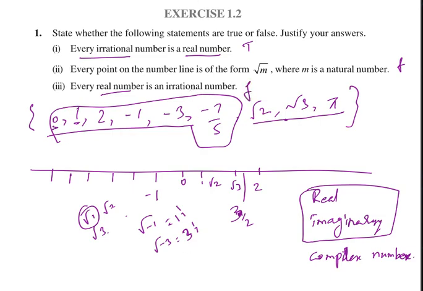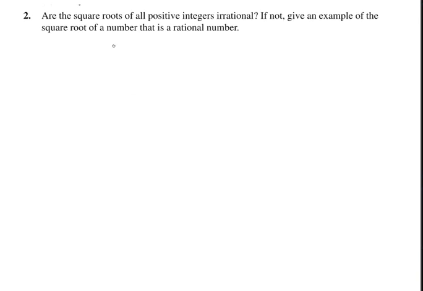Next, we'll discuss the second question. Are the square roots of all positive integers irrational? Square root of all positive integers: suppose square root of 1, square root of 2, square root of 3, square root of 4, square root of 5, square root of 6.